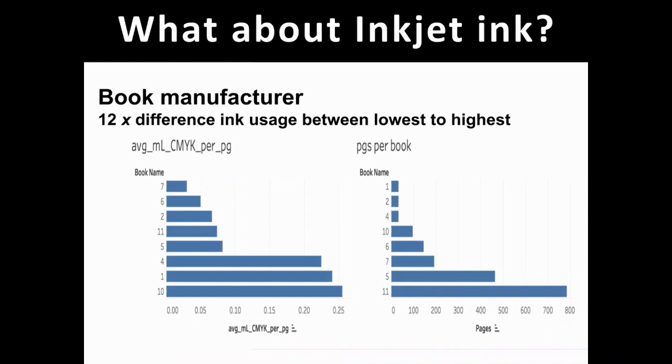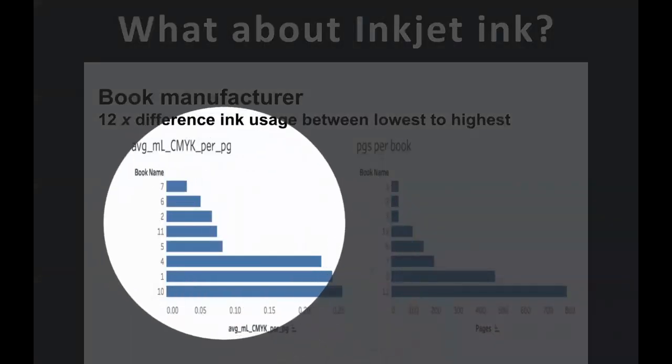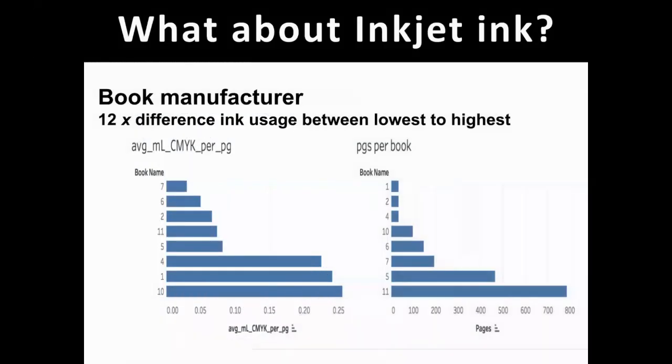Here's an ink estimate for 8 books up on the left side. It's the average milliliters of CMYK per page. Look at the difference. So you must put into place a system and process to control ink usage. And by this, I mean estimate, reconcile, and invoice.